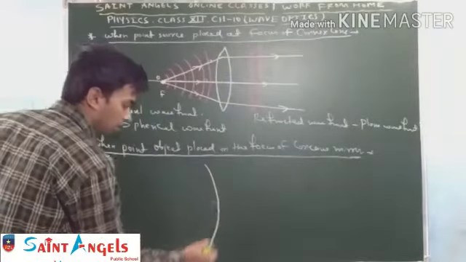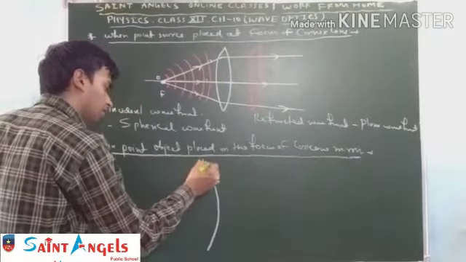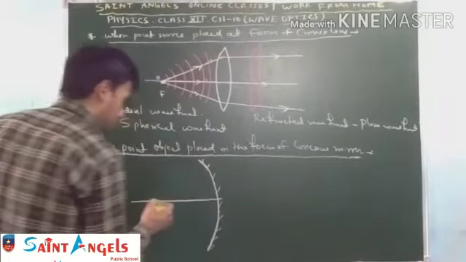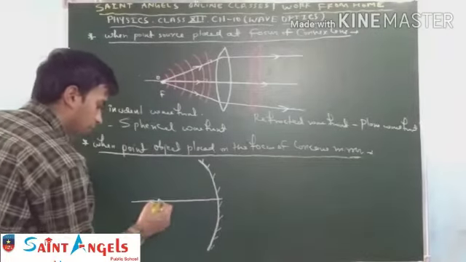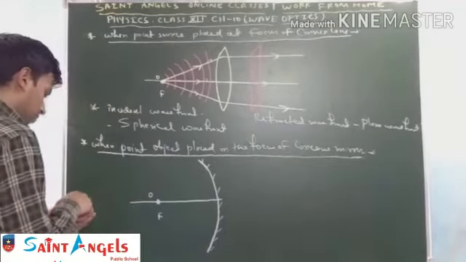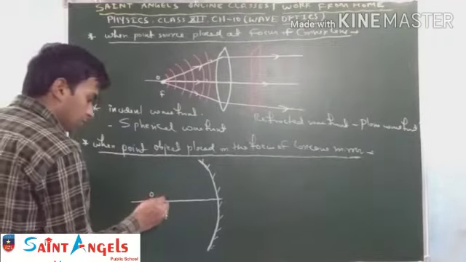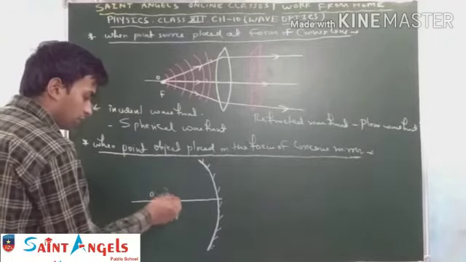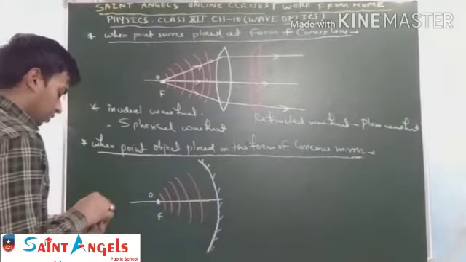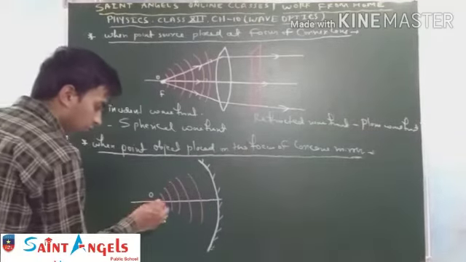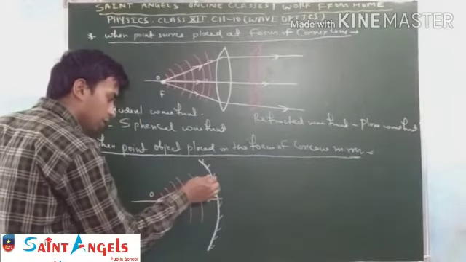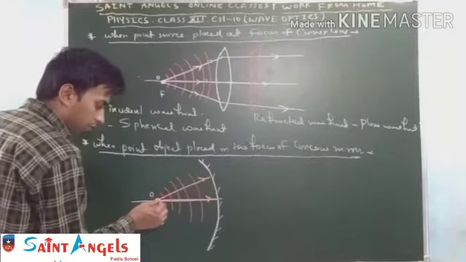So consider a concave mirror and a point object placed at the focus point of the concave mirror. This point object produces a spherical wavefront and the rays are perpendicular to this spherical wavefront.